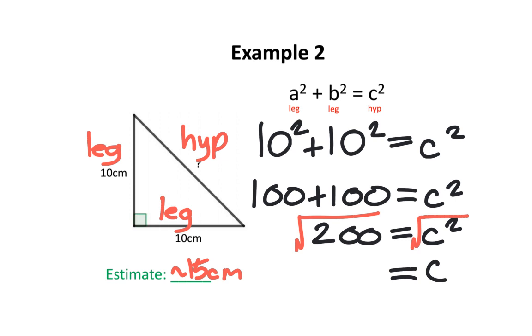Next, using a calculator, you can find the square root of 200, and you should get approximately 14.1. Remember, we estimated the length of the hypotenuse to be about 15 centimeters. Through our calculations, we discovered the hypotenuse to be about 14.1 centimeters, which was pretty close to our estimate.